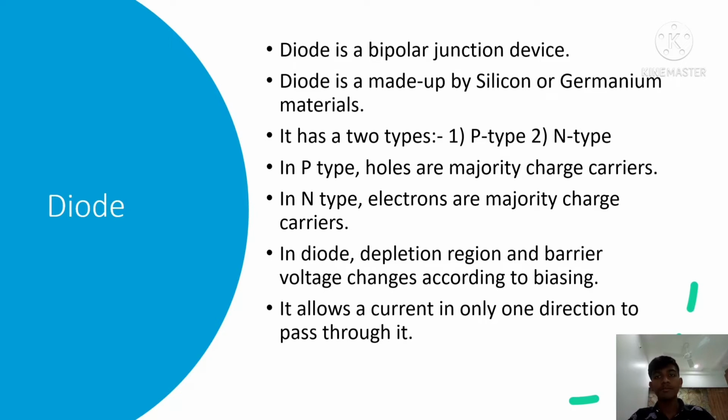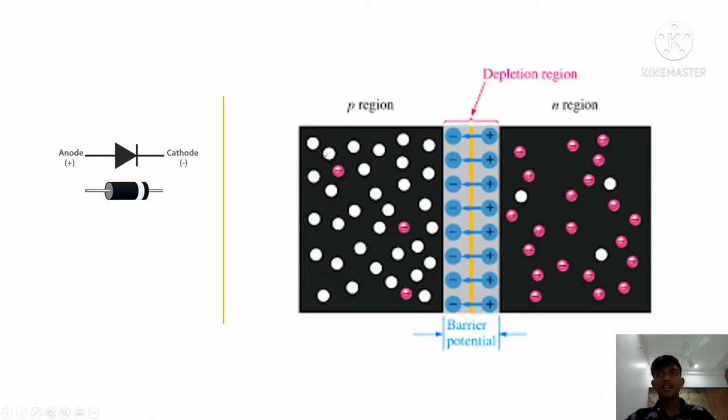When the P part and N part are combined with each other, a junction is created between them. As you can see, this is the junction area, and one region is also created near the junction. It is called the depletion region. In the depletion region, the charge carriers are there.